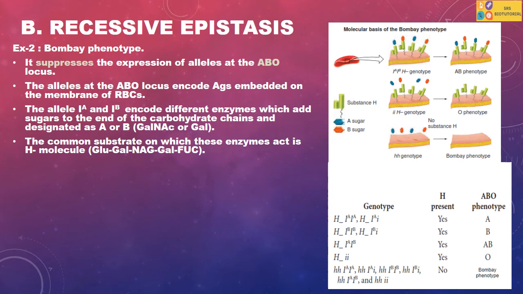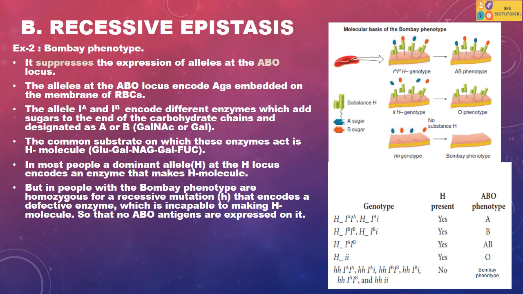In most people, a dominant allele at the H locus encodes an enzyme that makes the H molecule, but people with the Bombay phenotype are homozygous for a recessive mutation that encodes a defective enzyme incapable of making the H molecule, so that no ABO antigens are expressed.